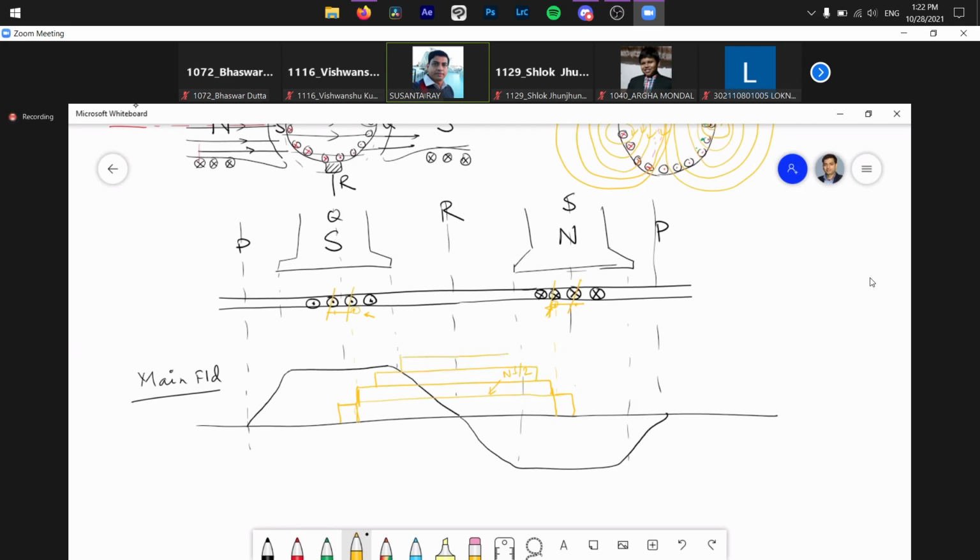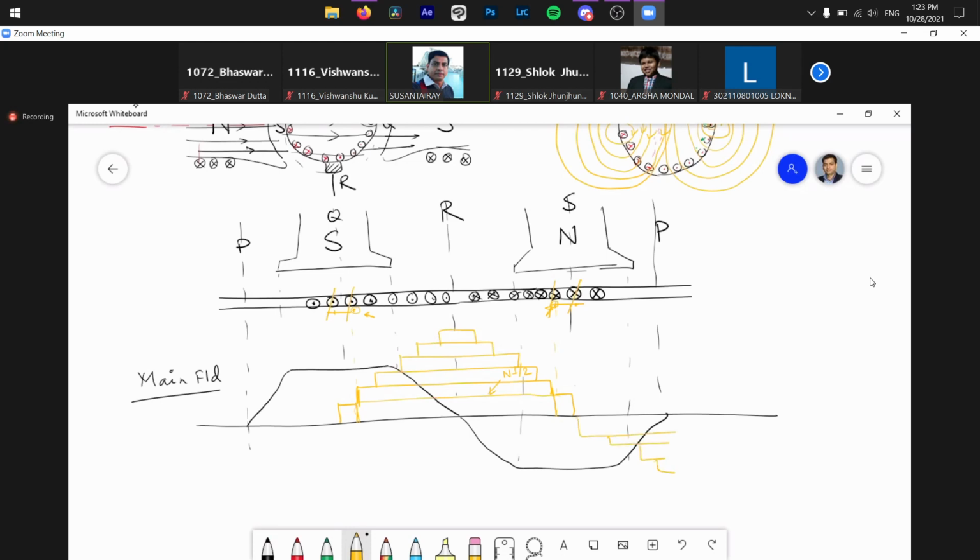In this way, if we go on adding, because there I have not drawn all the conductors, so after this it will be cross, but before that it will be dot. So if we go on adding this, we'll get a staircase MMF. And this side, they will be just the opposite.